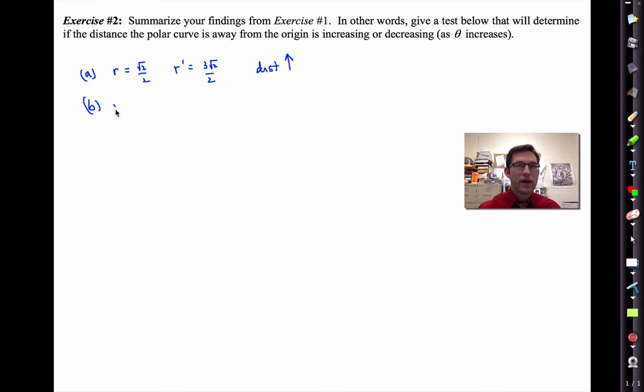Part B, we had a radius which was root 2 over 2, and r prime which was negative 3 root 2 over 2, and the distance was decreasing. And letter C, even though it was listed as letter D, r was negative root 2 over 2, r prime was negative 3 root 2 over 2, and the distance was increasing.